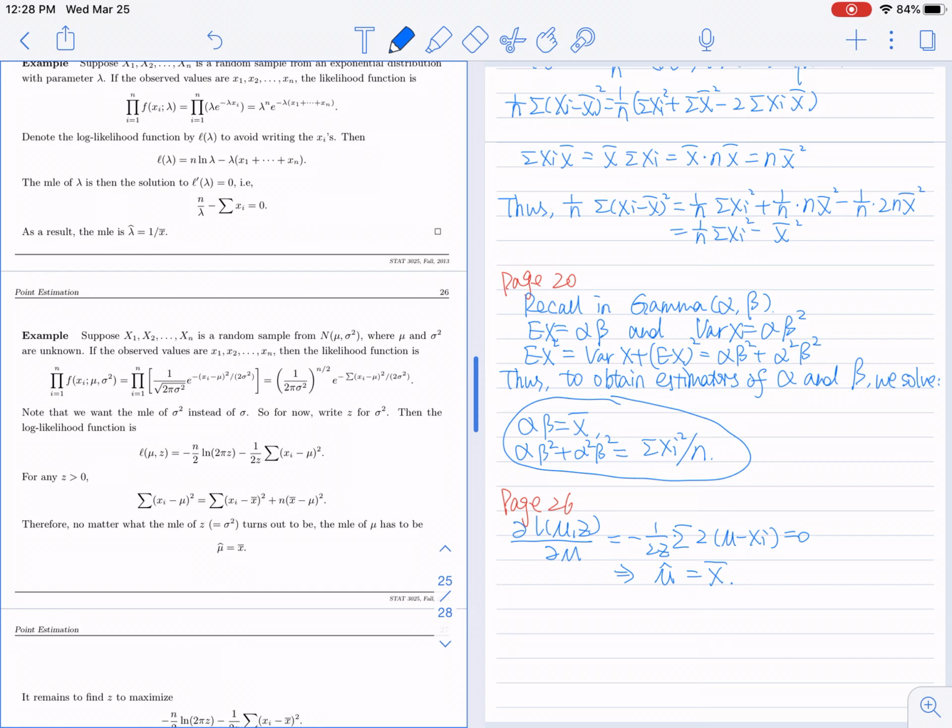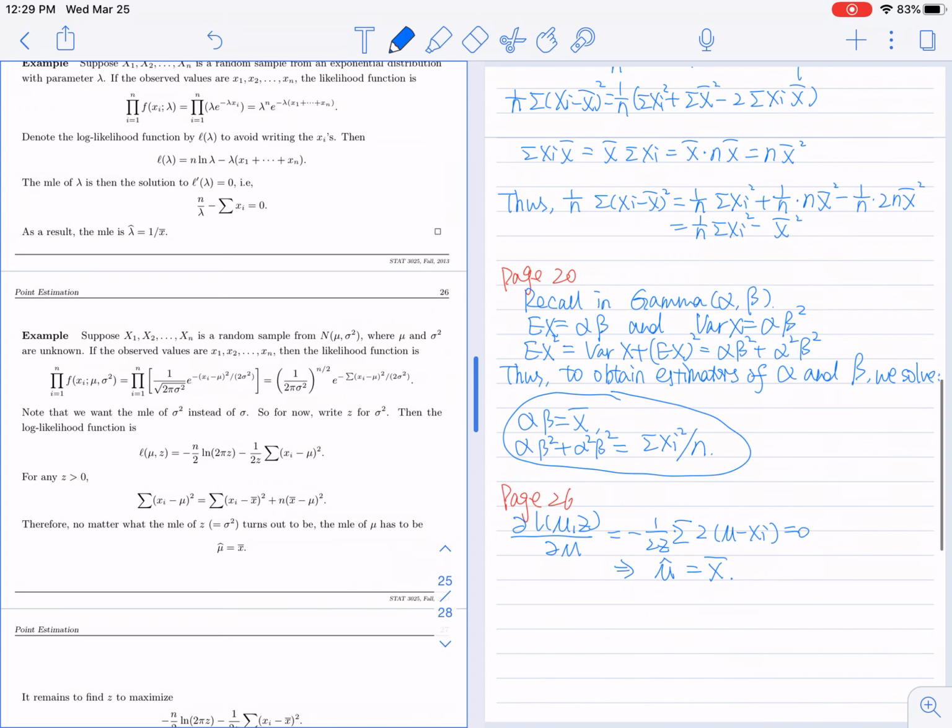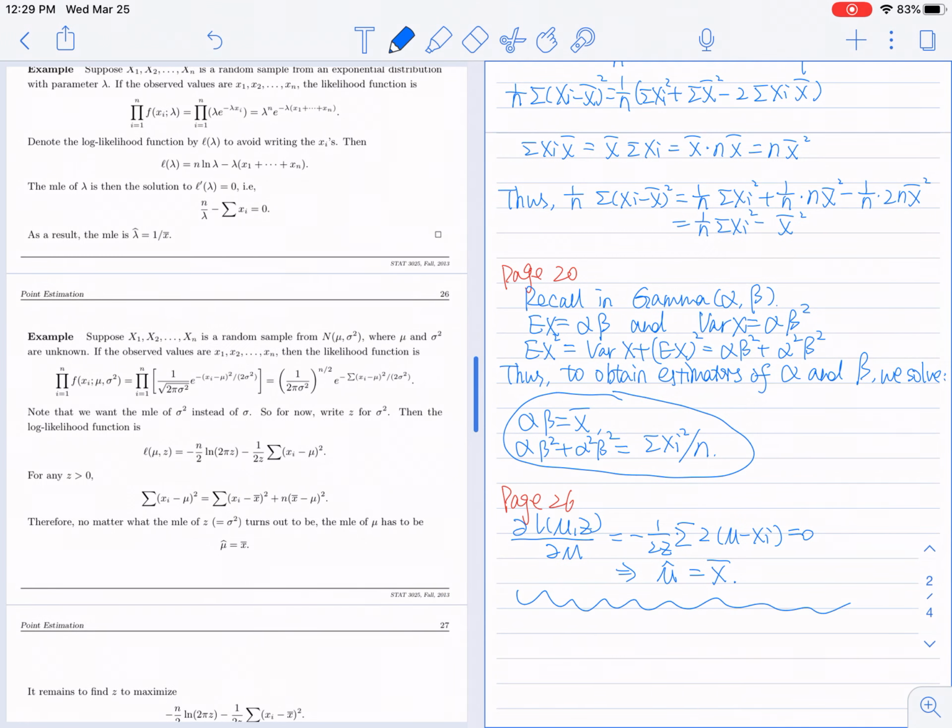In order to obtain the maximum likelihood of mu, we take the first derivative in terms of mu, as written here. By setting it equal to 0, we can derive that mu will just be equal to x bar. So the maximum likelihood estimator of mu will just be equal to the sample mean, which is the same as the method of moments, which we introduced earlier.